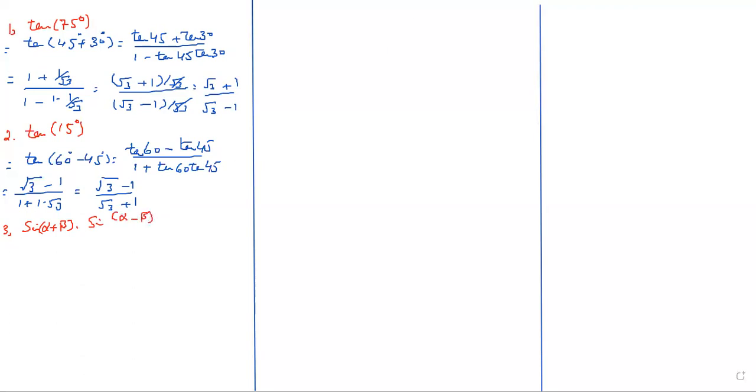Using the sine formula, we have sine alpha cosine beta plus cosine alpha sine beta, times sine alpha cosine beta minus cosine alpha sine beta.